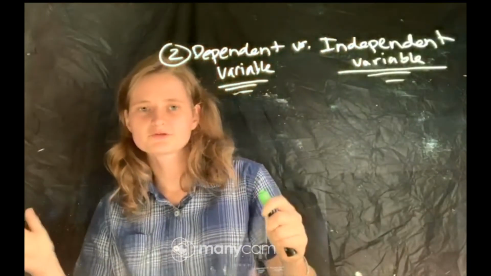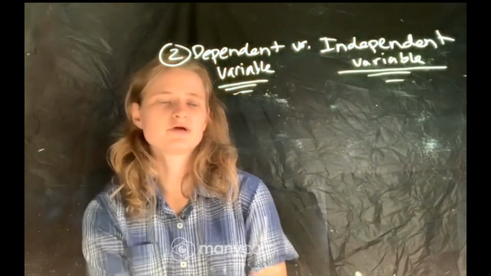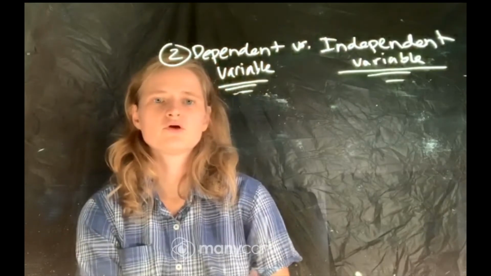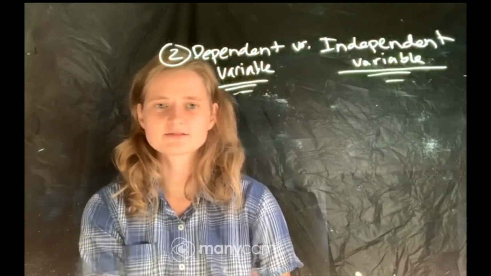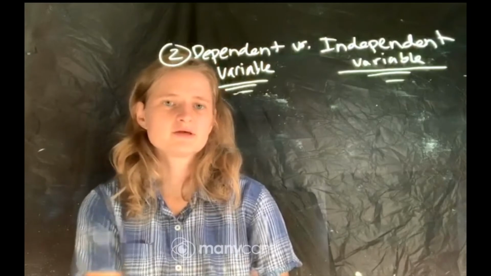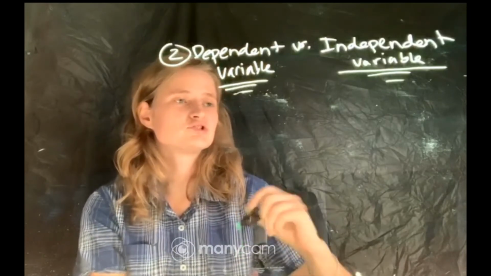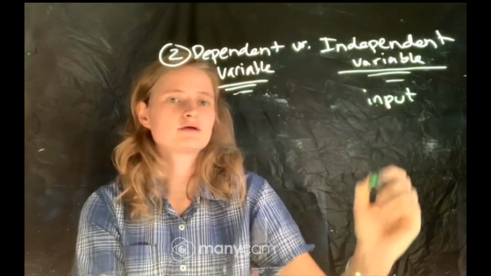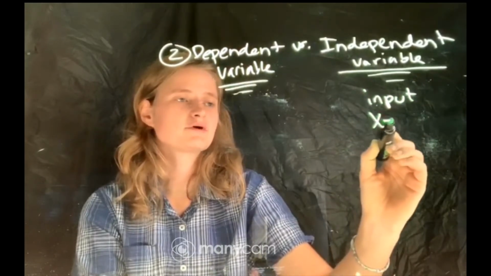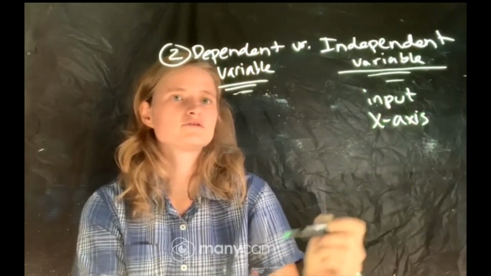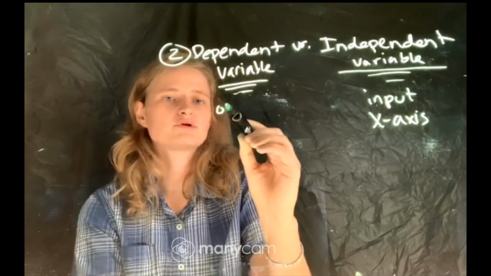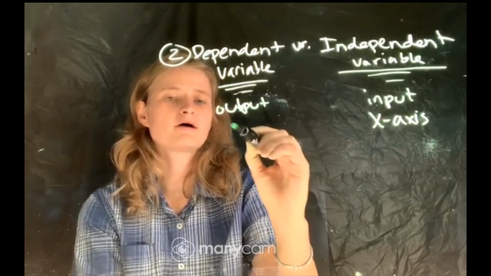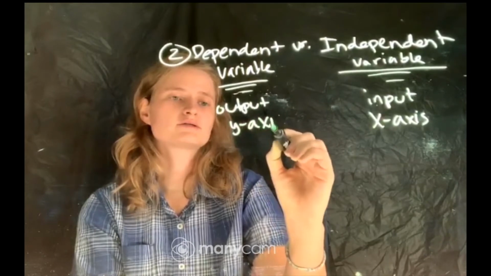Two other terms that are good to know when we're working with word problems are dependent variable and independent variable. You all probably already know these from your science class, but I'm just going to do a quick review here. So our independent variable is generally our input, and it is on the x-axis. We graph this on the x-axis, versus our dependent variable, which is the output, and we'll put that on the y-axis, or the vertical axis.